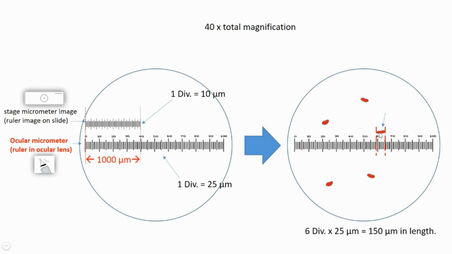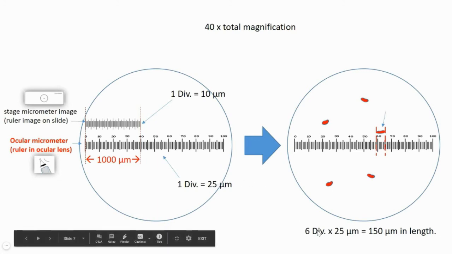I'm going to adjust my ocular micrometer by rotating and see how much is the length of each specimen, on average maybe. I see that this specimen is about 1, 2, 3, 4, 5, 6 divisions on my eyepiece graticule. One division was 25 micrometer, so 6 divisions will be 6 times 25, that is 150 micrometer in length.